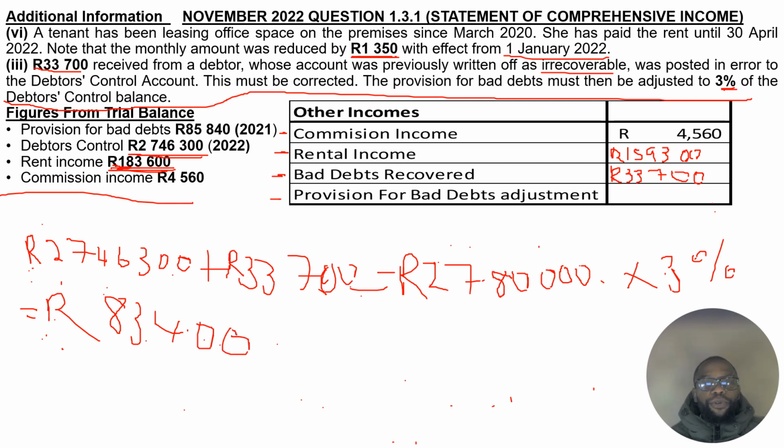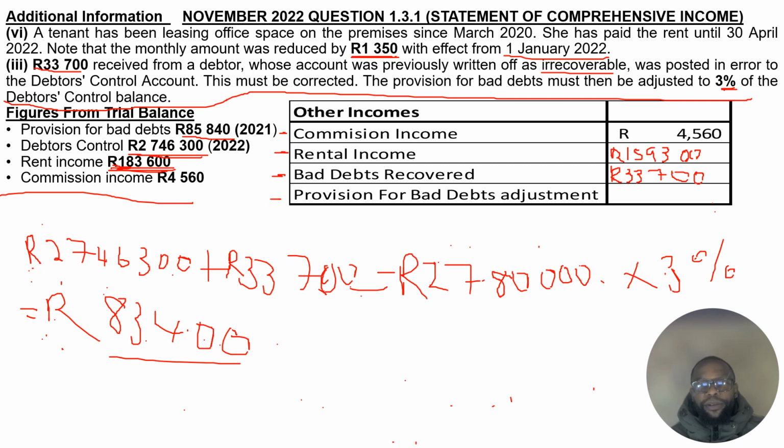So let's go to our trial balance. When we go to our trial balance, we know the beginning was 85,840 and it's more than this 83,400. Once our beginning is more than the current, it means it's an income. But if our beginning is less than, if this one was more, like maybe 86 or 89, it should be an expense.